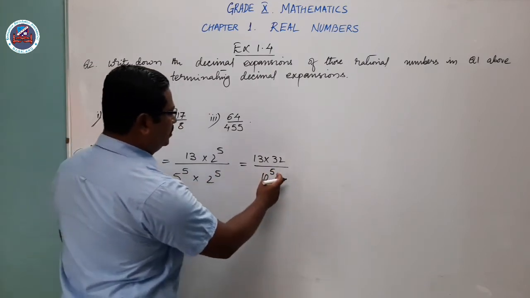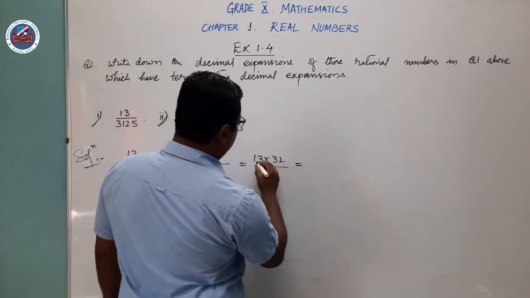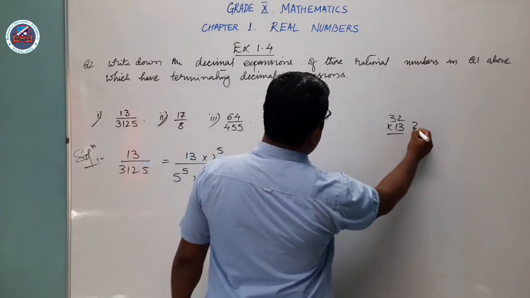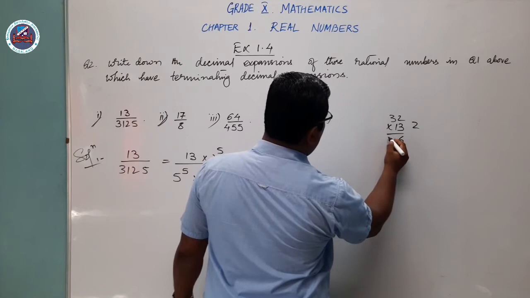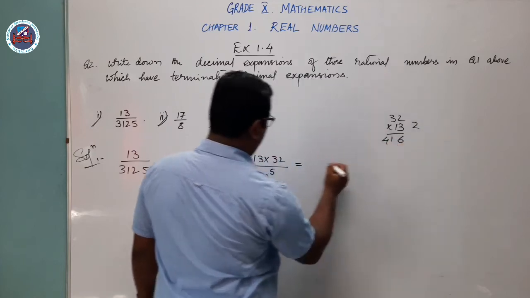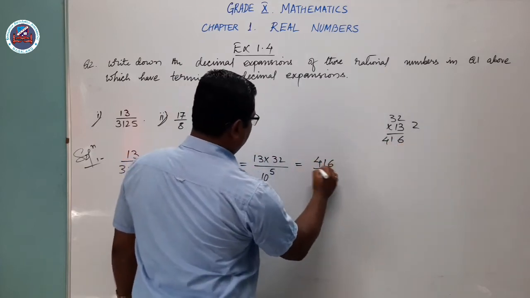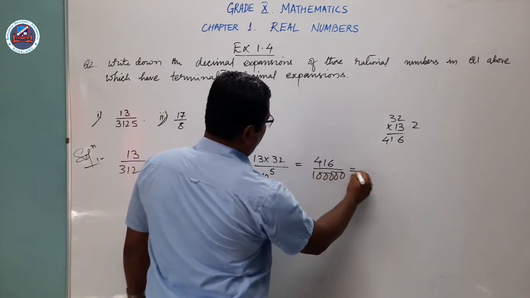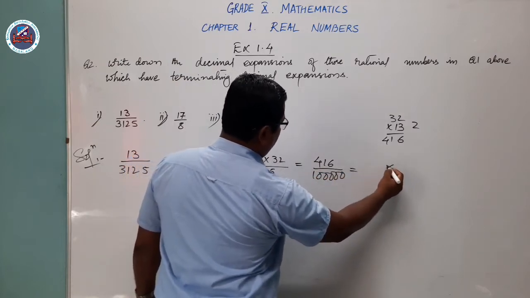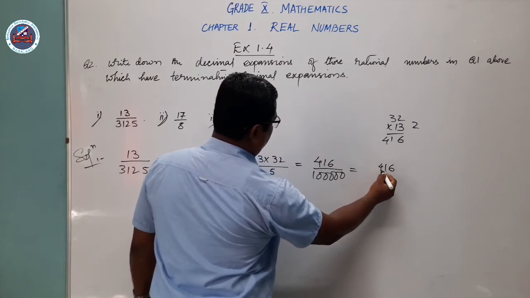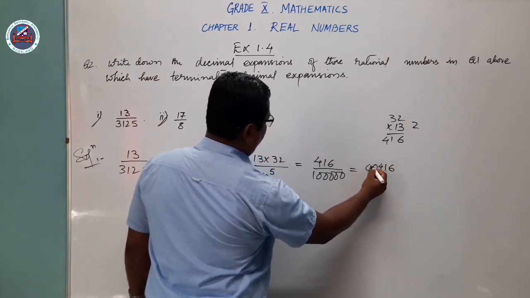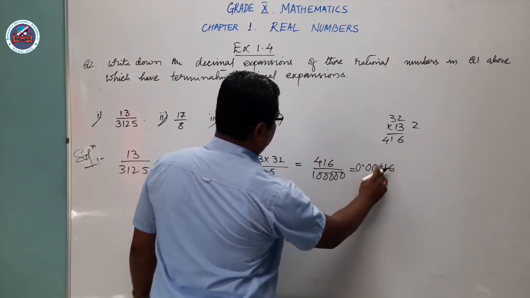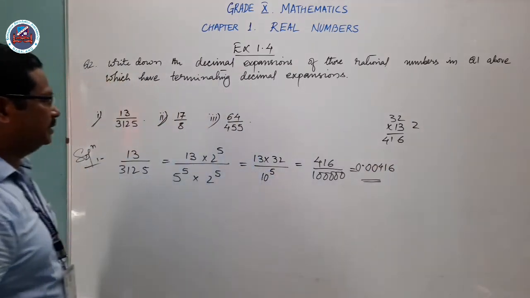Then we get 32 into 13, which is 416. And 10 to the power 5 has 5 zeros, so counting the digits from the right, 6, 1, 4, that is 5 places. Then put a decimal, and you get the terminating decimal expansion. This way you can do.